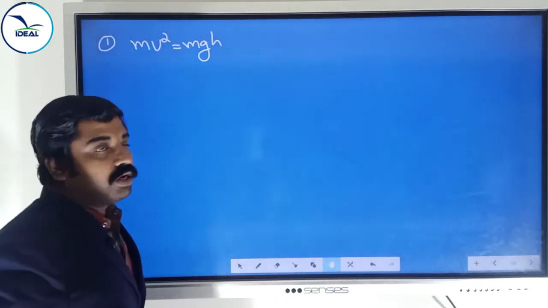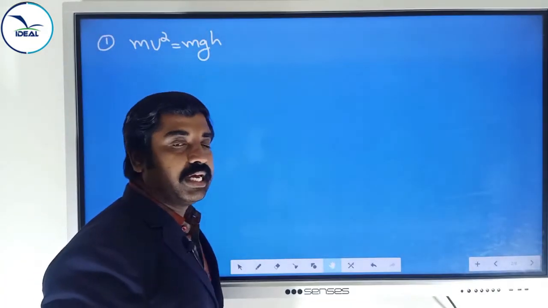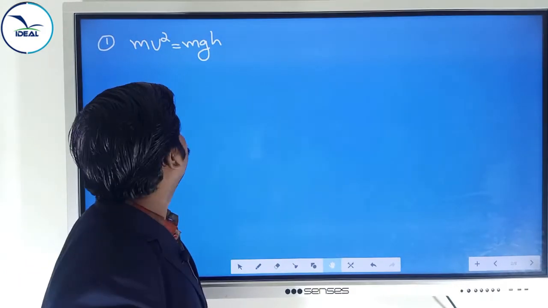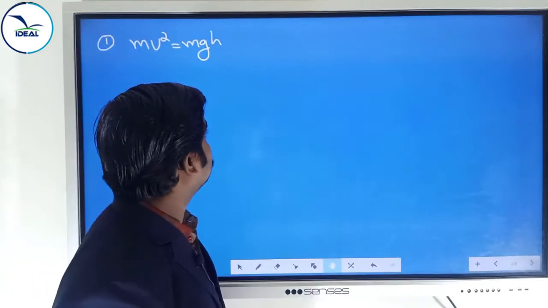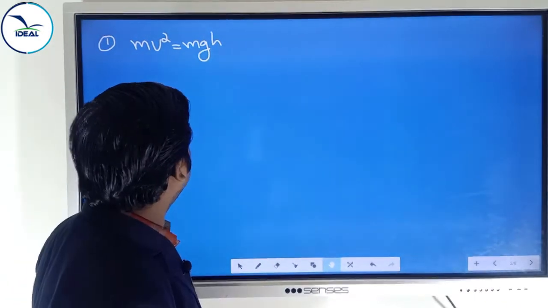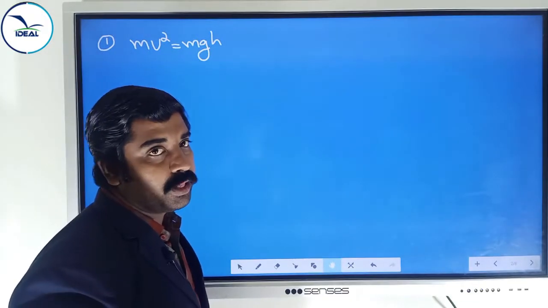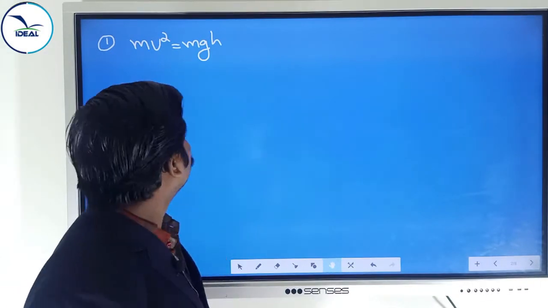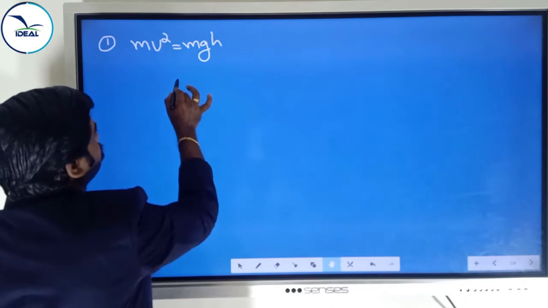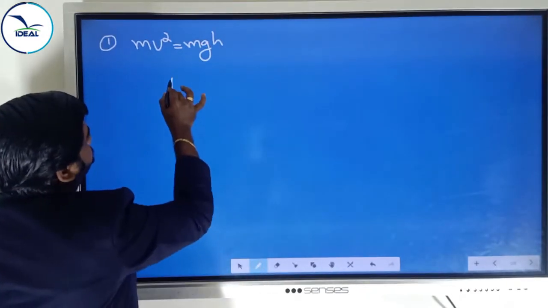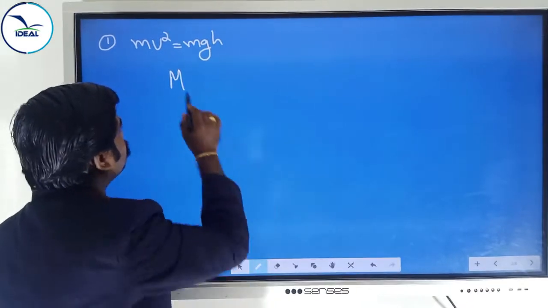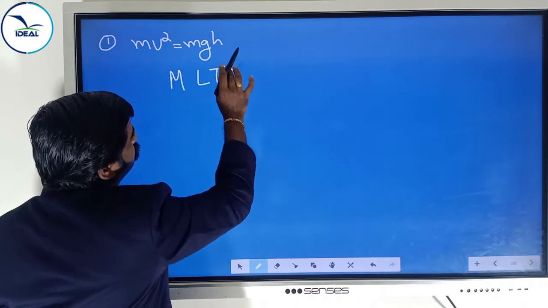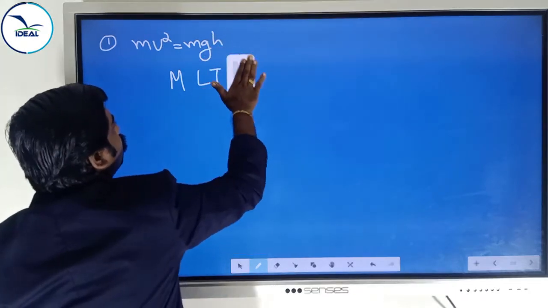First question. We want to check whether this equation is dimensionally correct or not. For that we want to know the dimensional formulas for velocity, acceleration due to gravity and height. Here m is the mass, v is the velocity, g is the acceleration due to gravity and h is the height. The dimension of mass is M itself, and the dimension of velocity is LT raised to minus 1.